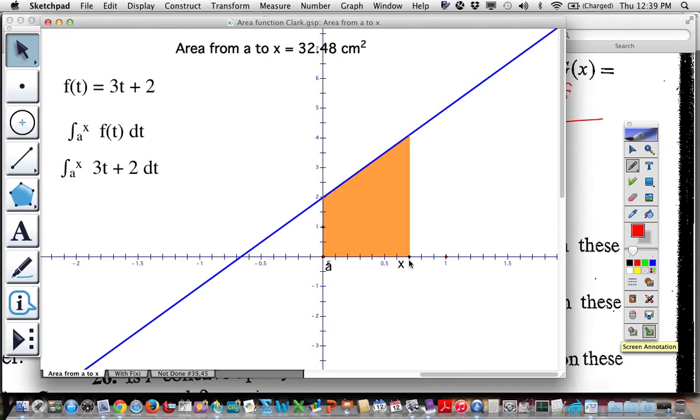Left edge is 0. Now, if I want to use an area argument, here's the best way to make an area argument for question 24. When is big F increasing? Big F is the area from 0 to x. Right now, this is my area from 0 to x. So I pull my left edge way over here to the left side. Okay, and now what is my area right now? Positive or negative?